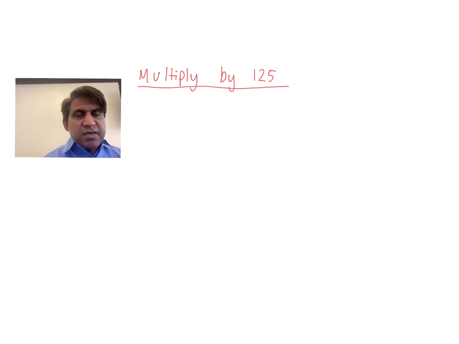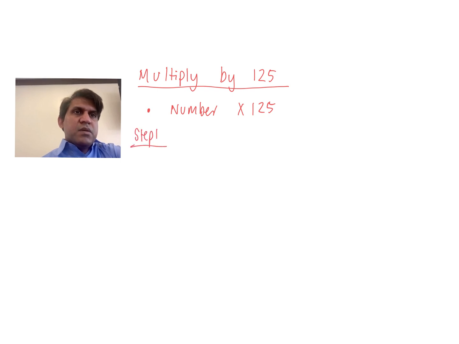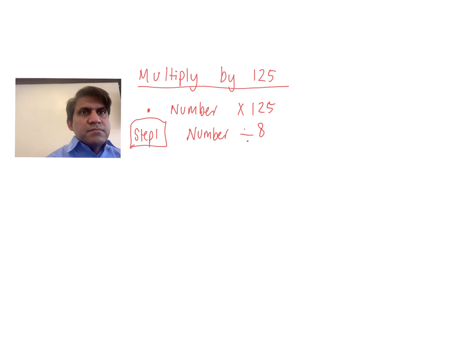So the first trick, or the first strategy that we will use, is for whatever number is being multiplied, number times 125. So step one is we'll take the number and divide it by 8. So that's your first step.